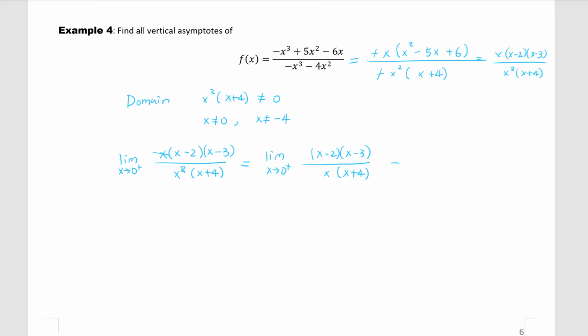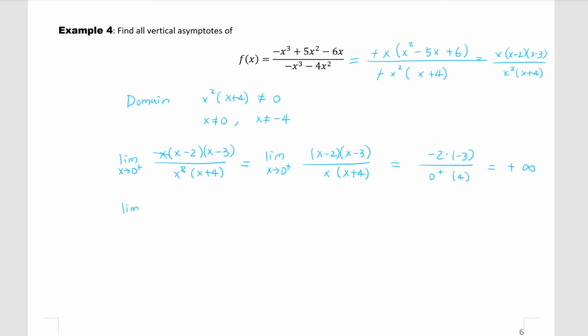Okay, now we're ready. So when we plug in 0, we get negative 2 times negative 3, over 0 plus times 4. So you can see constant over 0 plus or minus is going to give us infinity. But how many negatives are there? Two negatives give us positive infinity.